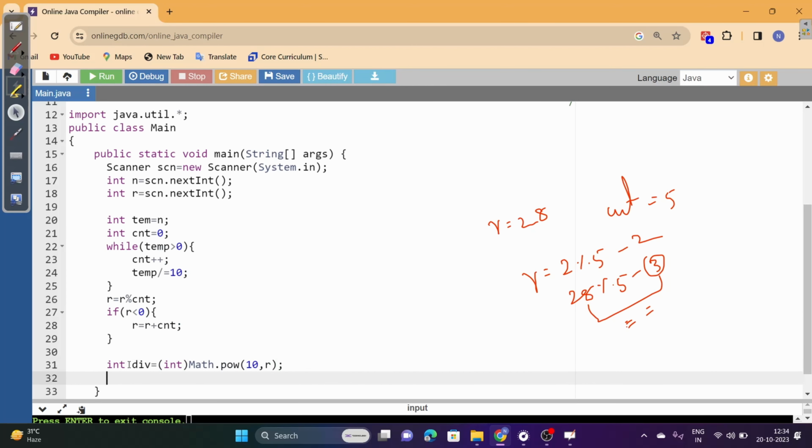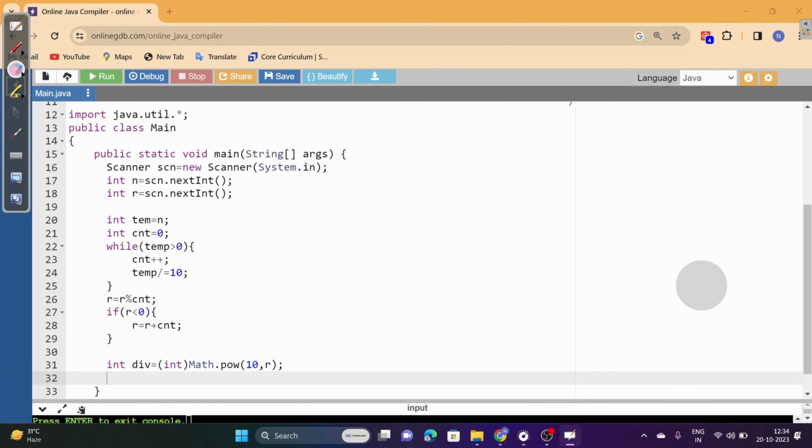Now I know that number. Let's take this is the number. The given input is, okay, let me change, 12,345. So I have a number div that is 100. With the help of this 100, I can divide the number into 2 parts. The first part is, let's write the code here.